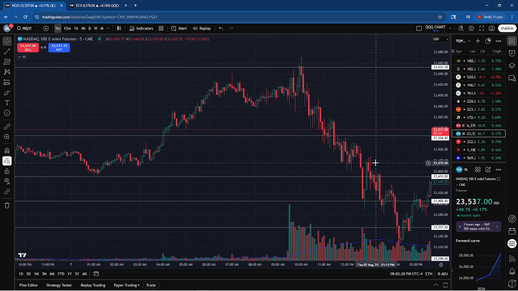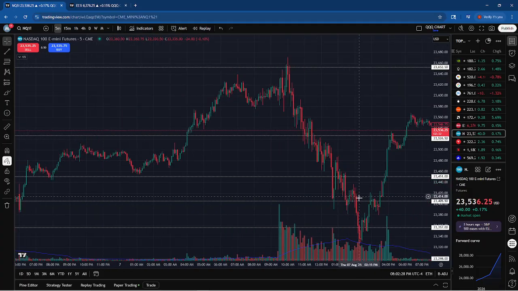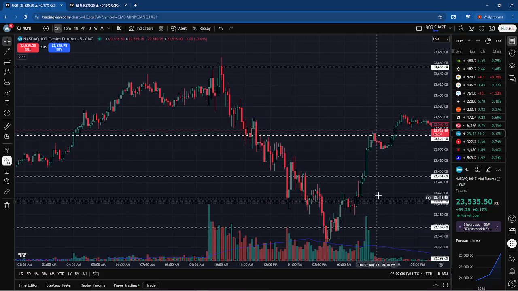So then going into my second watch on NQ, as just discussed, it was a 23,400 bounce on a test of that previous structure. So I waited, it wicked off, it broke a little bit below 23,400, but at the same point, it did not close below, and so it came in and closed above.